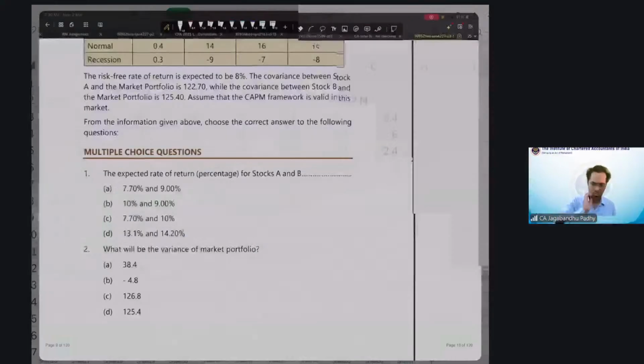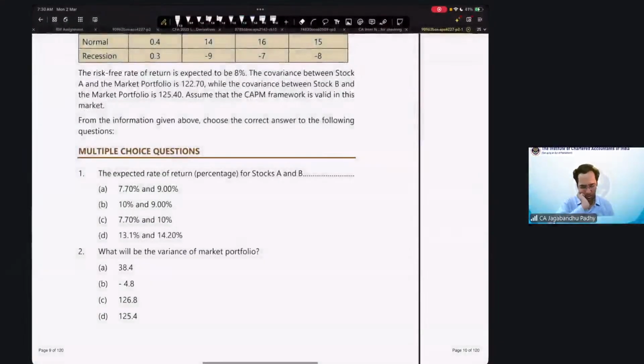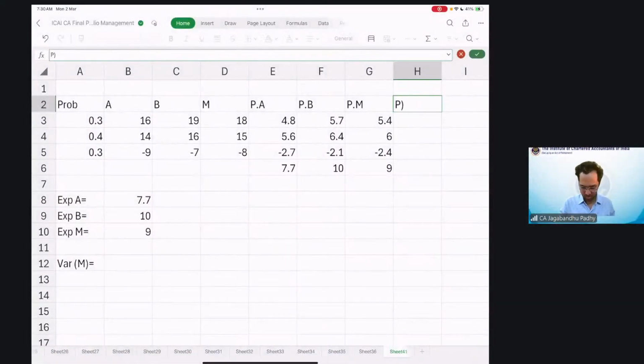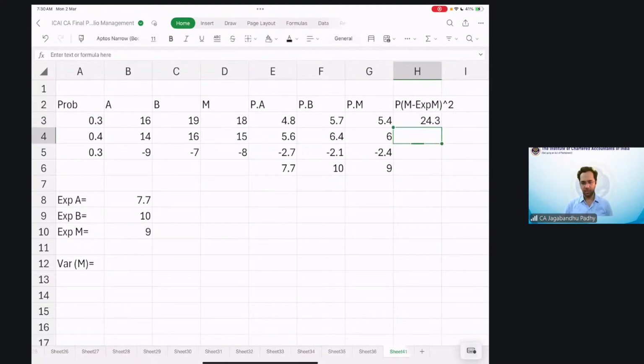Now sorry, not 9, my bad. Expected return of market is 9, but we need variance. So for variance, it's going to be probability multiplied by market return minus expected market return, which is 9, and then we take the square of it.